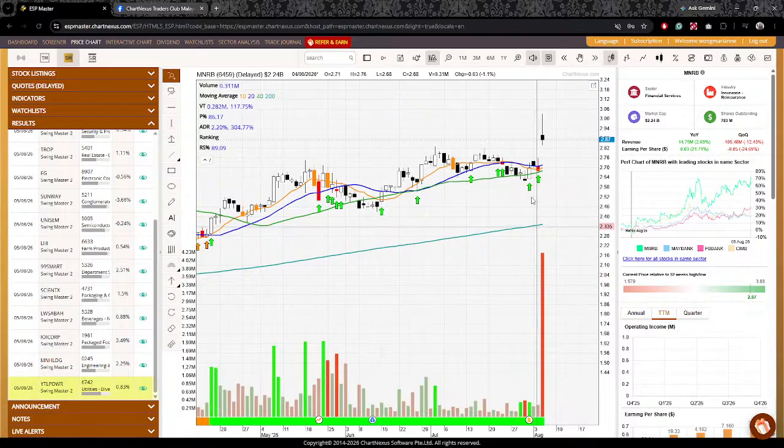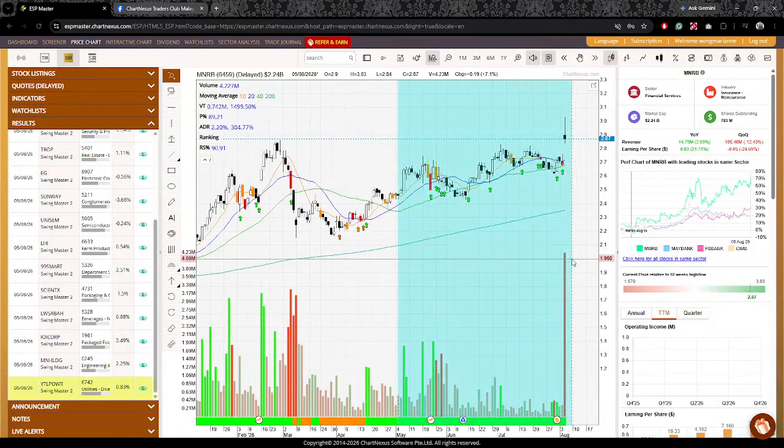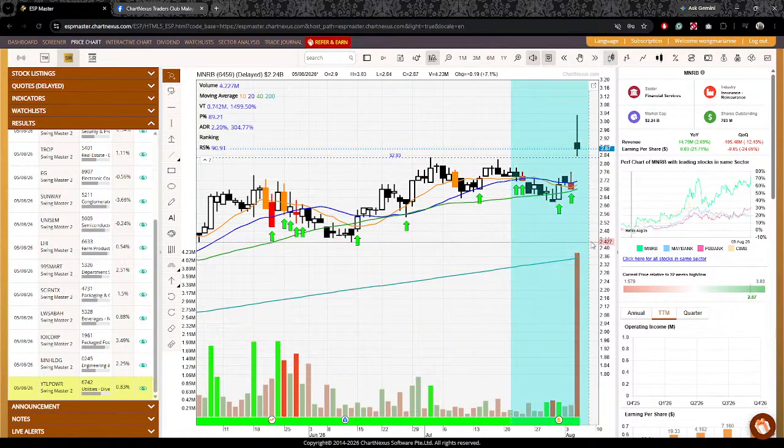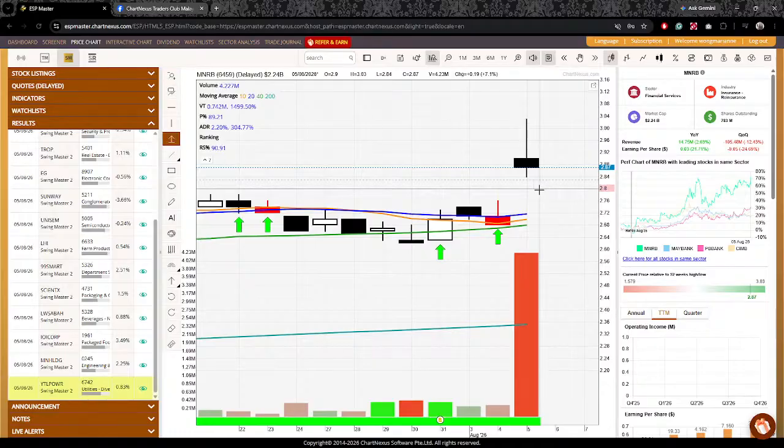Frankly, it would have been difficult to catch, because you have your signal here, yes, but if you had put in your support resistance, it might have been difficult to catch because of such a big gap up. How many percent? It's almost 3% gap up from yesterday's close.